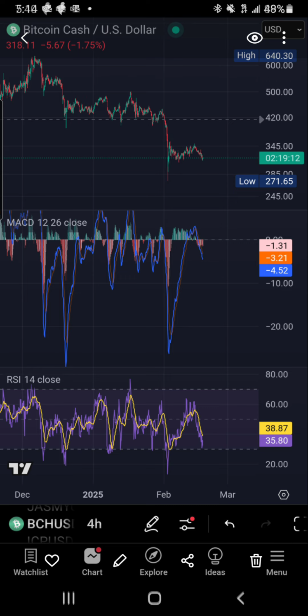So how do we know when it's accumulation versus distribution? Again, we can look at the volume, and we have very low volume through here. So we know that's accumulation. So they're accumulating. Well, why is price then going down if they're buying? Because they're pushing price down to get more liquidity.